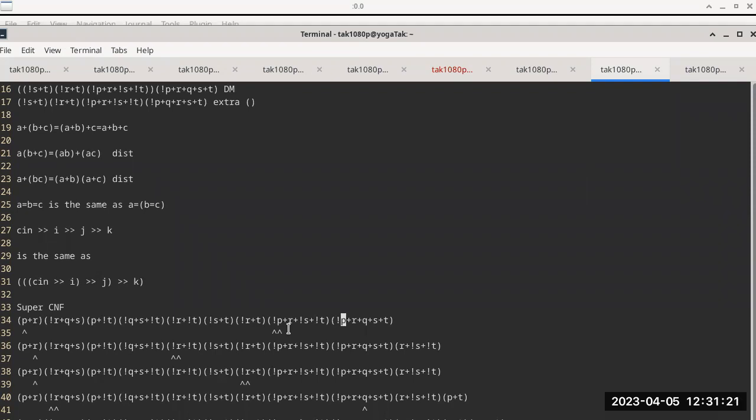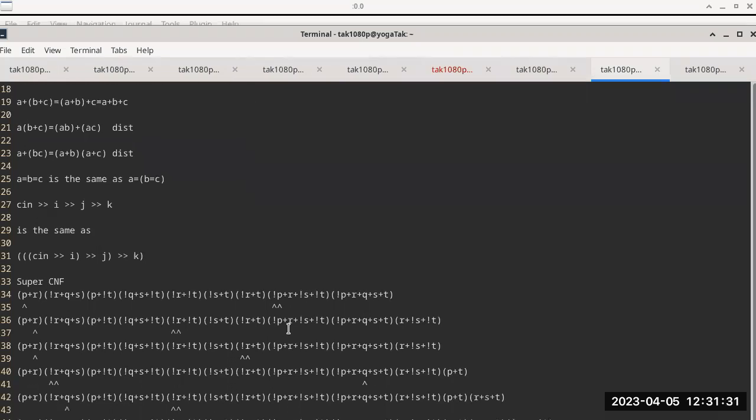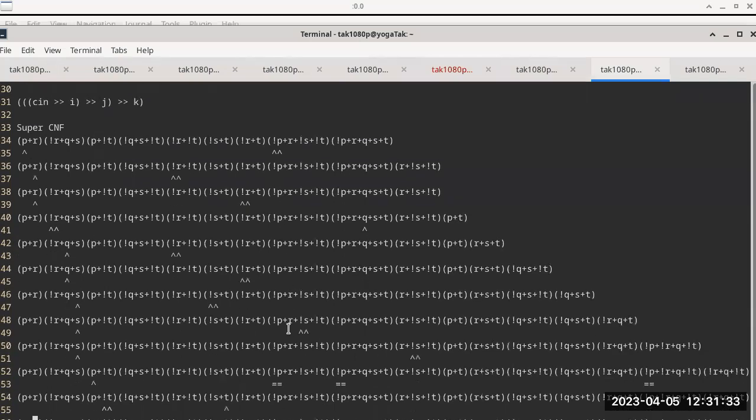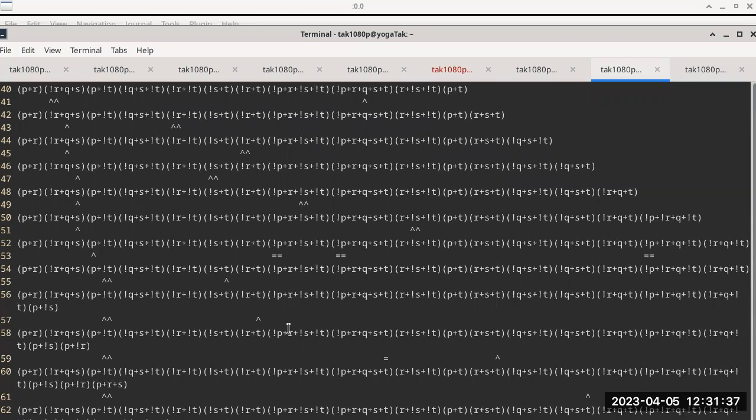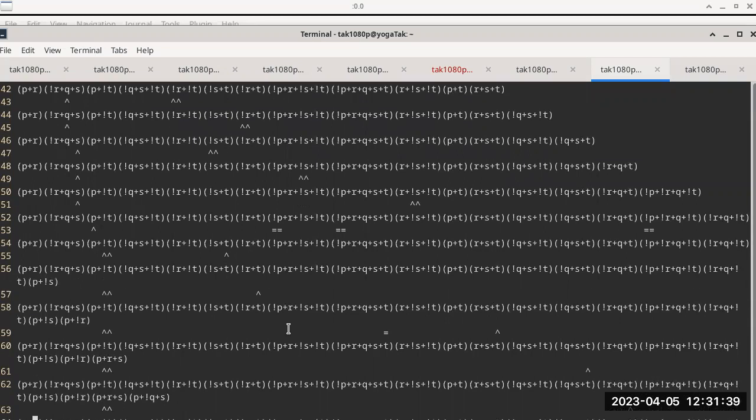Okay, so I did forget about this one. So doing this manually is prone to errors or omissions in this case. I move on to this R, and you can see how I use the carets to help me track the resolutions. So by the time I get to line 62, I probably realize this should be done with a program.